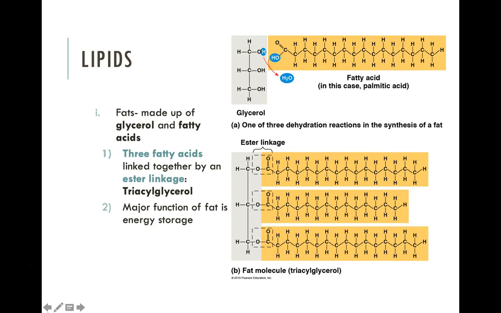So this is called a triacylglycerol because it has 3 fatty acids attached to that glycerol. Now this is a single fat molecule. This is not a repeating polymer like in our carbohydrates. And the cell will store these individual molecules, but they're not linked to be any bigger than that.